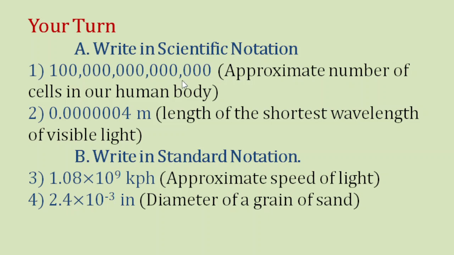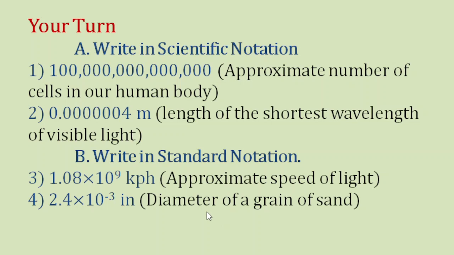Number 1 here is the approximate number of cells in our human body, and number 2 here is the length of the shortest wavelength of visible light. Number 3 here is the approximate speed of light, and number 4, the diameter of a grain of sand. You can pause the video now and start working on these 4 items.